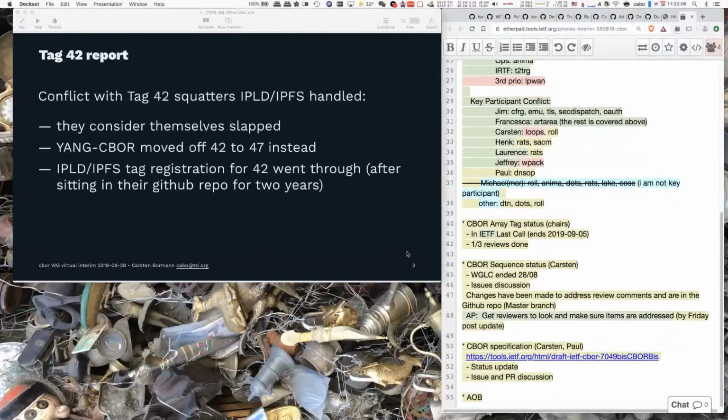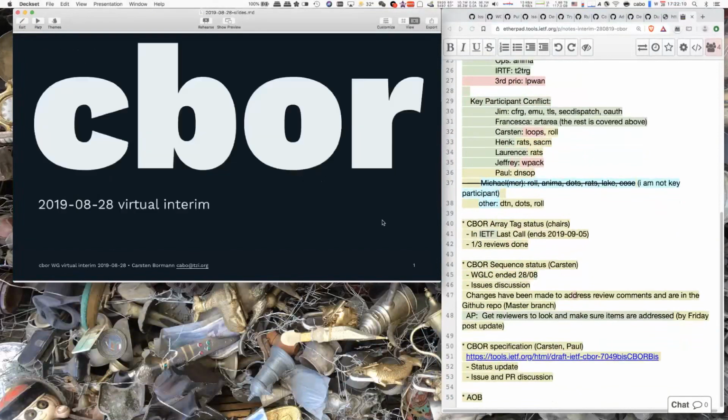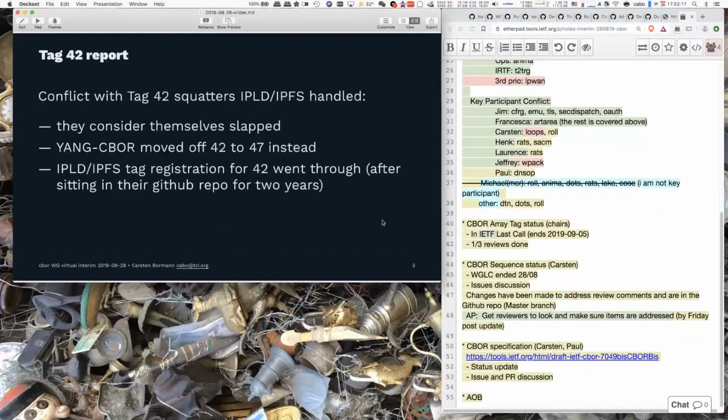Okay, so let's go to this. Oh, actually, I have one quick report to make. Maybe I could do this in any other business. It's my slide number 3, which is we have handled the tag 42 issue. The YANG CBOR now says it uses 47, and that's reflected in the IANA registry.